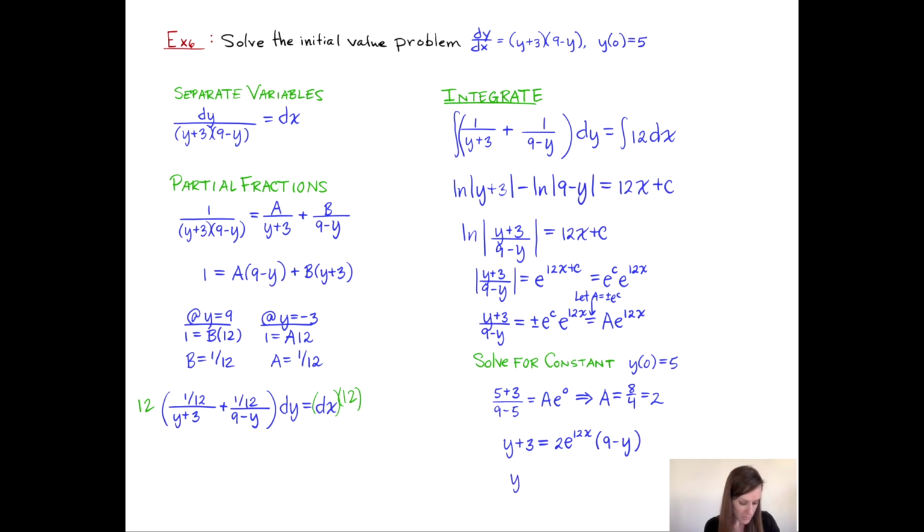So we have y plus 3 is equal to 18 e to the 12x minus 2 e to the 12x y. And now we want to get all the terms with a y on the left-hand side and all the terms without a y on the right-hand side. We will add the 2e to the 12x y to both sides. And we'll subtract 3 from both sides.